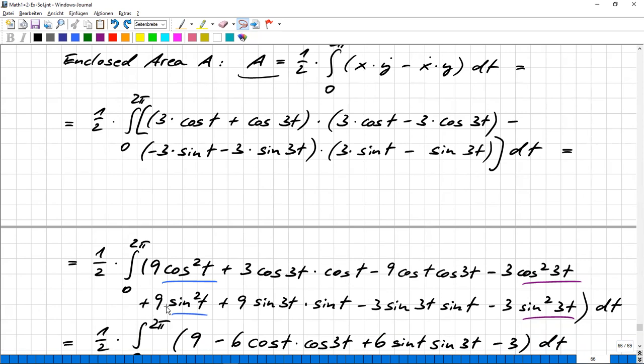We get plus 9 times sine squared of t, definitely. Okay, but then always keep this in mind. Second times first would be negative 3 times sine of 3t times sine of t. So negative 9 times sine of t times sine of 3t, or the other way around, this one. But the negative sign gets, I always, okay, you know, sine as a function, and sine as a sign. It's the same word written differently, but pronounced the same.